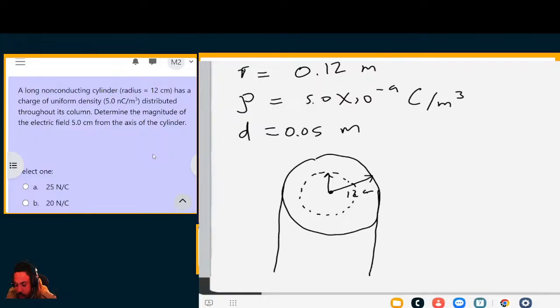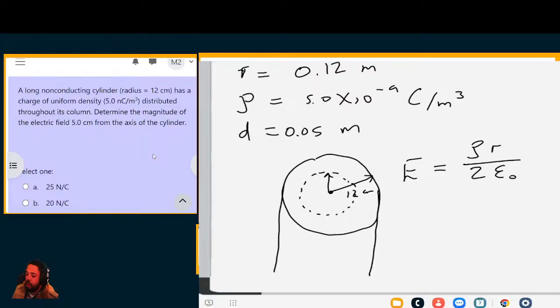The way you work that out is the electric field is equal to rho multiplied by the distance that it is away from the center, divided by 2 times the permittivity of free space, or E naught. This will only work for a cylinder, by the way. I just call it E naught.